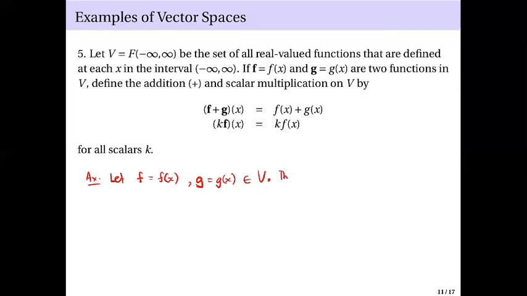Then for each, say, x sub 0 in the interval negative infinity to plus infinity, both f of x sub 0 and g of x sub 0 are well defined, meaning they are just real numbers, because here we have real valued functions.